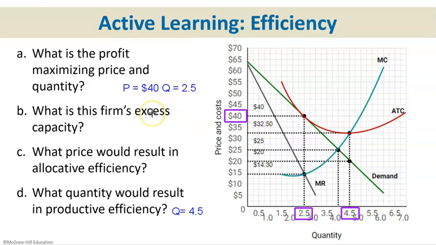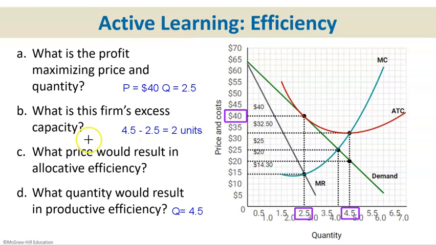To solve for excess capacity, you're just going to take the quantity of productive efficiency, subtract the quantity that they're producing to maximize profit, and you will get excess capacity is 2. And this is in units of what they're producing.